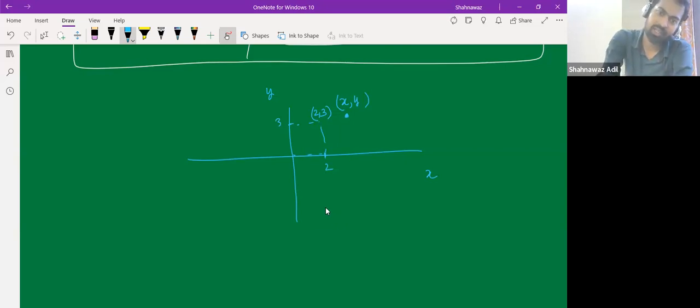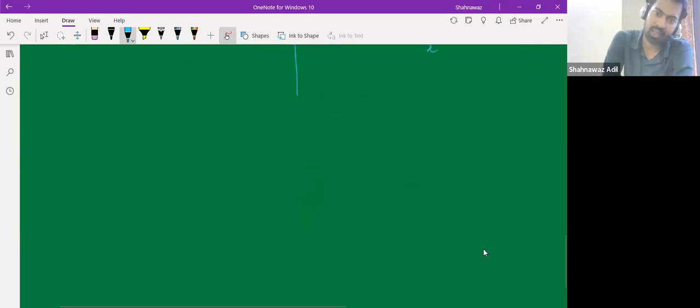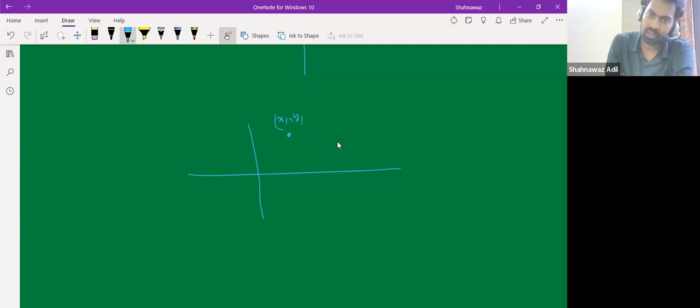Now let's say that I have 2 points. This one is x1, y1, and this one is x2, y2. There is a distance formula with which we can calculate the distance between these 2 points.